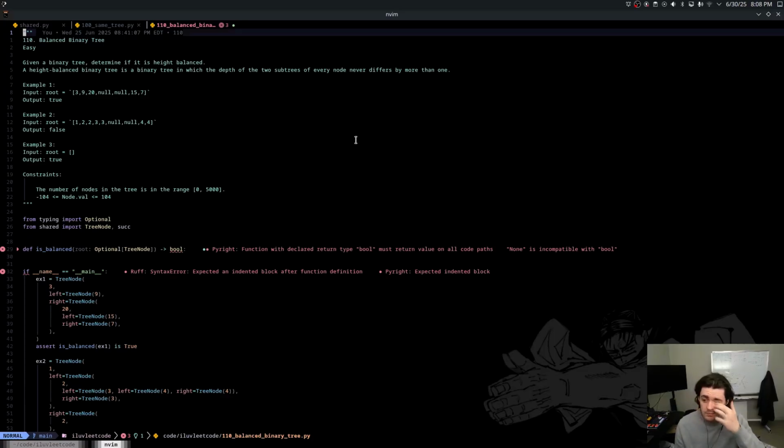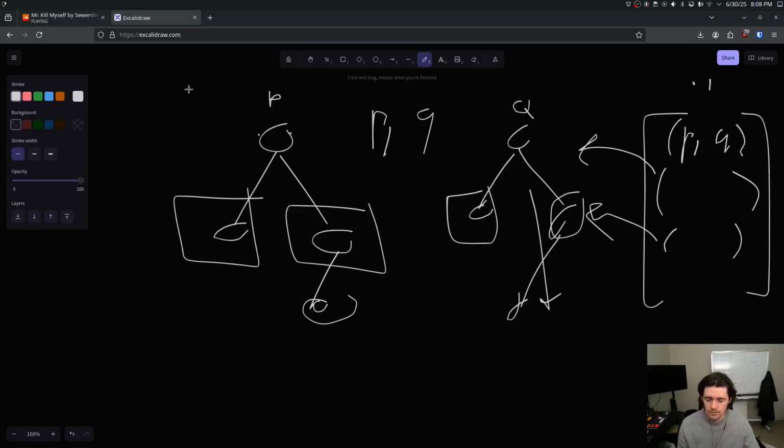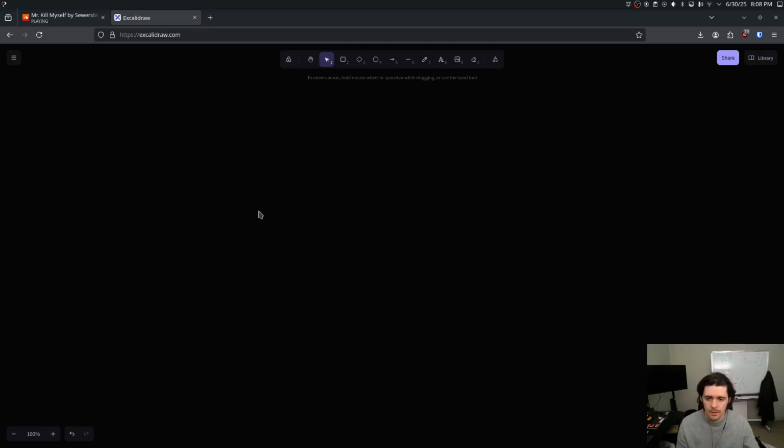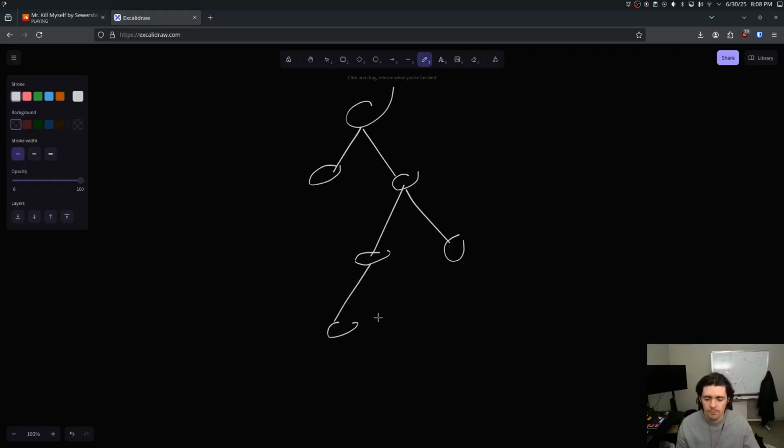That sounds pretty cool. A tree is balanced if its subtrees differ in height by no more than 1. So this would be valid.